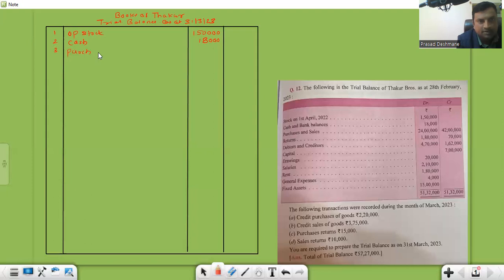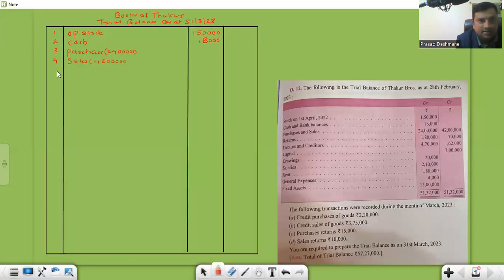We have some adjustments on purchases, so that's why I'm writing this inside, 24 lakh. The debit one is purchases, right? Because on the debit side we record all expenses and assets, that's why it's 24 lakh. Then we have sales. Sales also has adjustments, so I'll put this inside, 42.